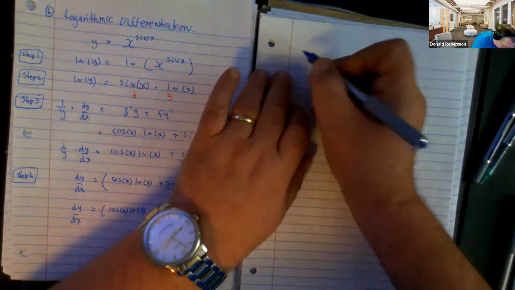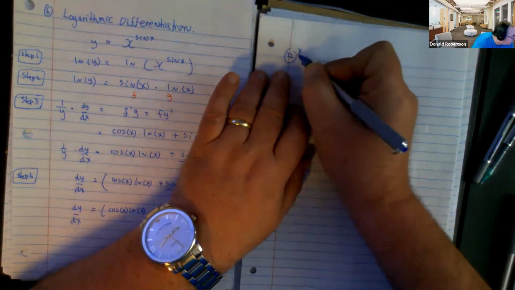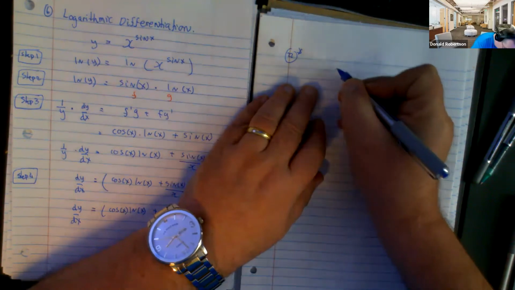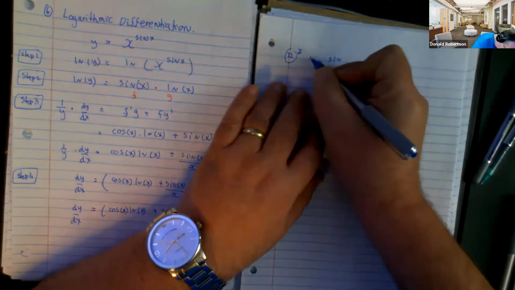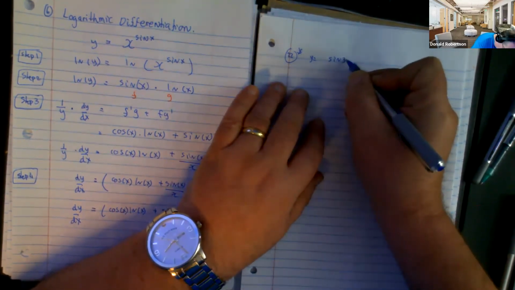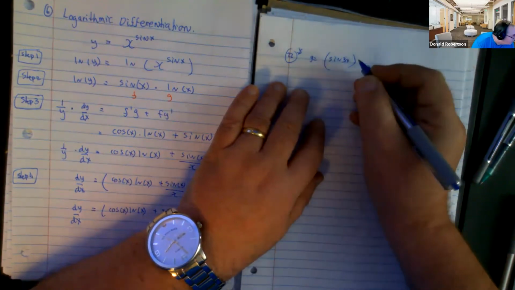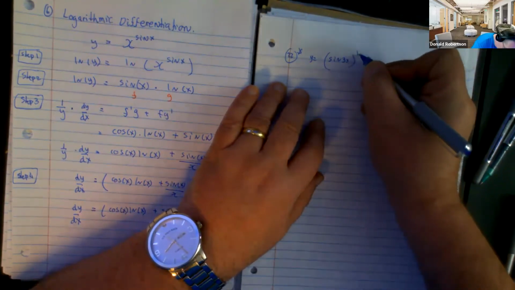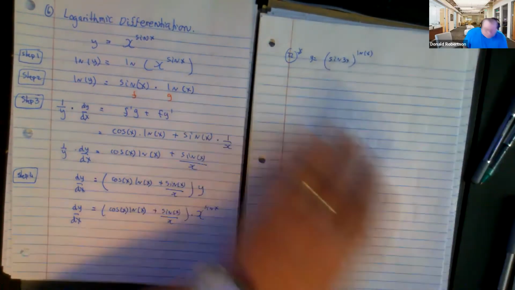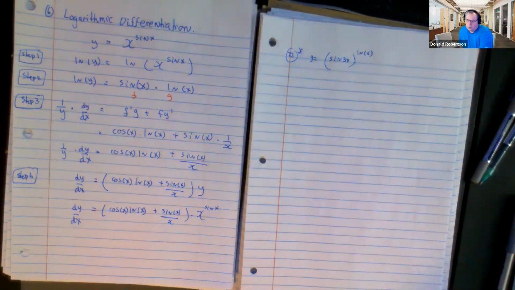Yeah, why don't we do 22? Whoa. The sine of 3x all raised to the power of log x. That is one weird looking function.